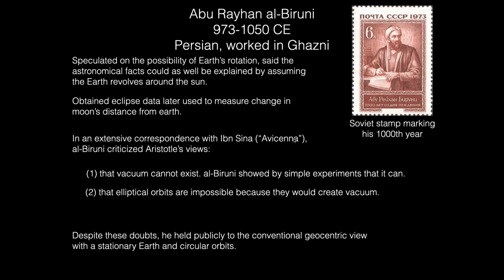His manuscripts don't seem to exist, but we do have the letters that were preserved in the library for Avicenna. And al-Biruni criticized Aristotle on many points, but in particular, Aristotle's view that vacuum cannot exist. Al-Biruni showed by very simple experiments that it can, experiments that in fact you can carry out in your kitchen sink.